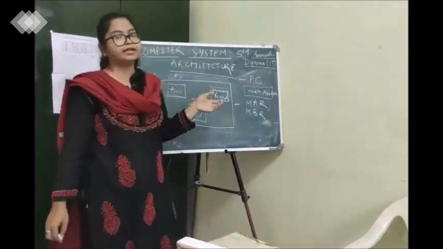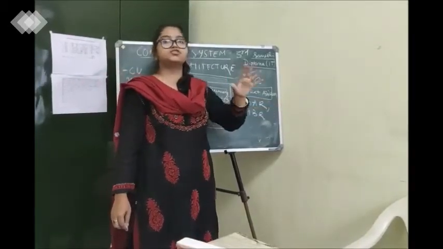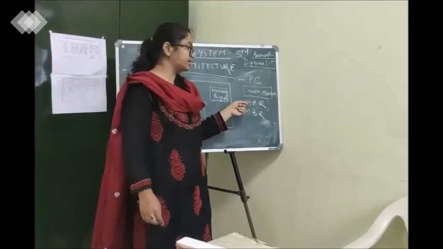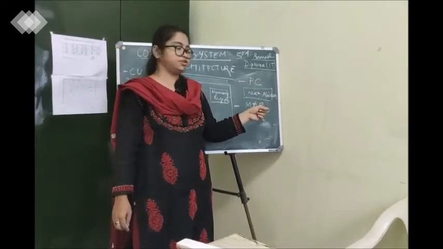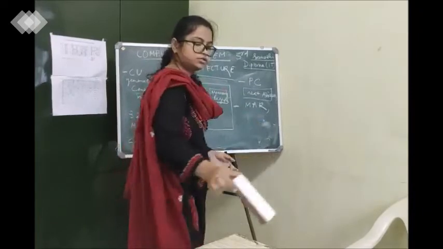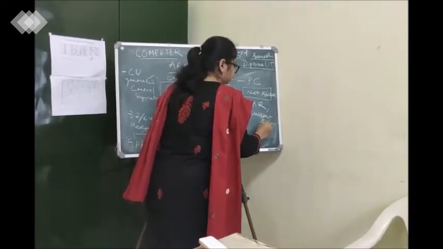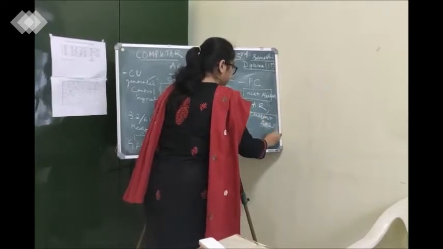MAR refers to the memory address register. This stores the address of the instruction that is currently being executed. So PC stores the next address, MAR stores the current address. I hope it is clear.